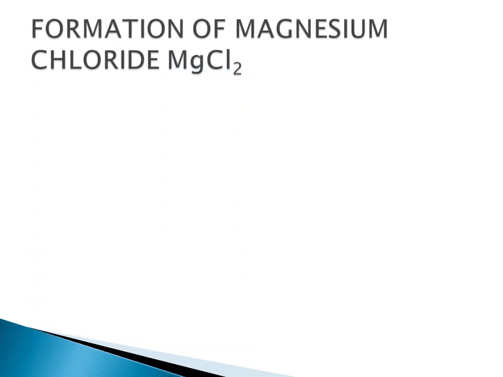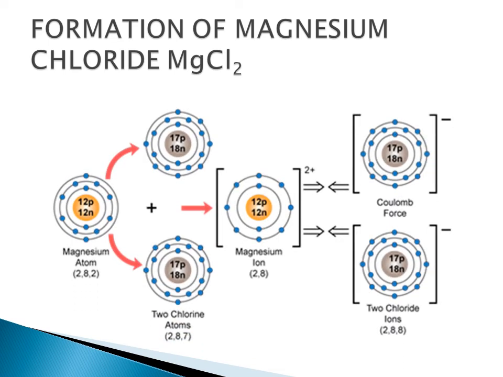The formation of magnesium chloride molecule, MgCl2, is shown here. Magnesium, the electronic configuration is 2,8,2. Chlorine, of course you know, it is 2,8,7. Magnesium has 2 valence electrons which are given to 2 chlorine atoms, and magnesium forms Mg2+ ions with the configuration 2,8.